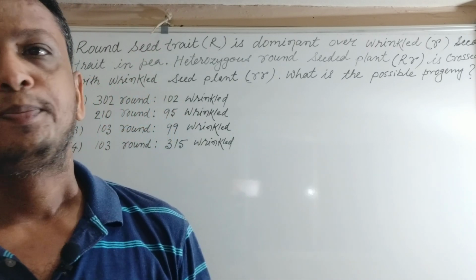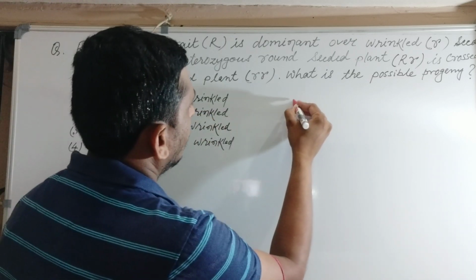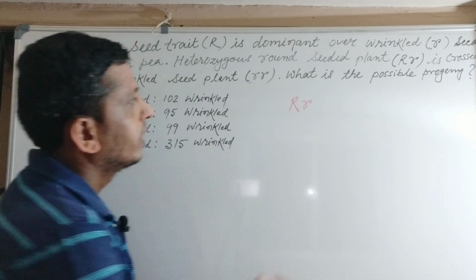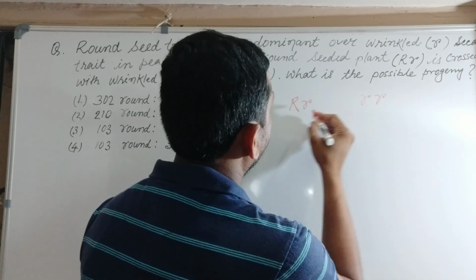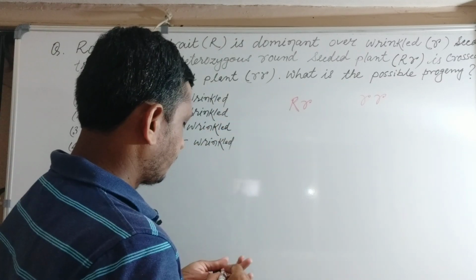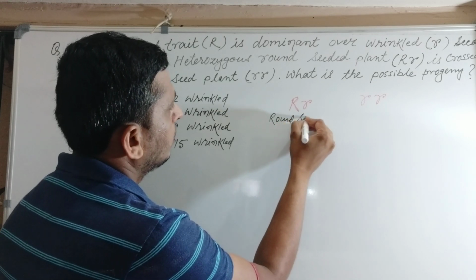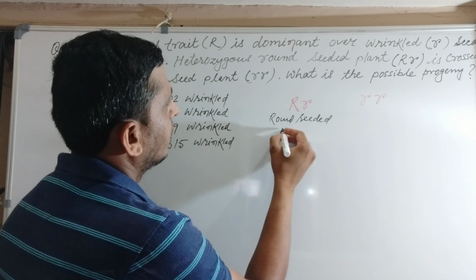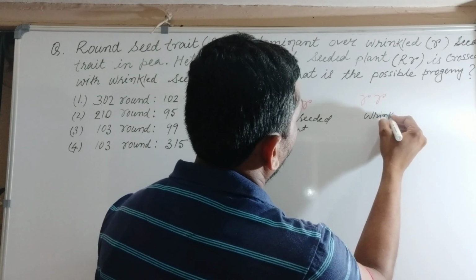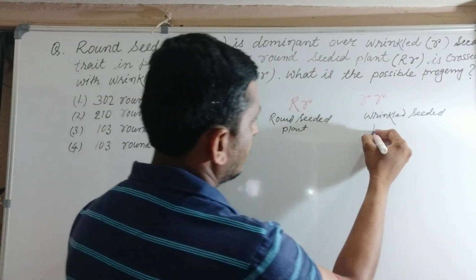So to solve this question, let us write what the parents are here. One parent is this, and another parent is this. This is a round seeded plant, and this one is a wrinkled seeded plant.